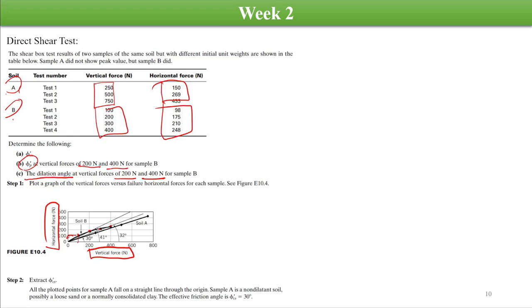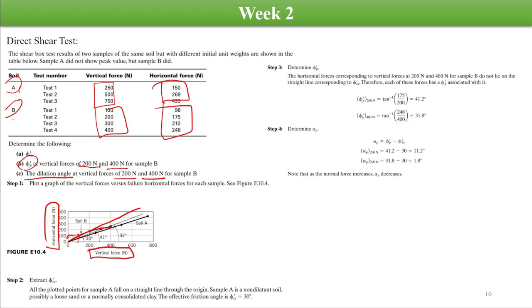Similarly, if we plot other points, then we'll see that this type of curve is obtained. If we plot a best fitted line from this, then for this particular soil B we have obtained the peak shear strength angle.